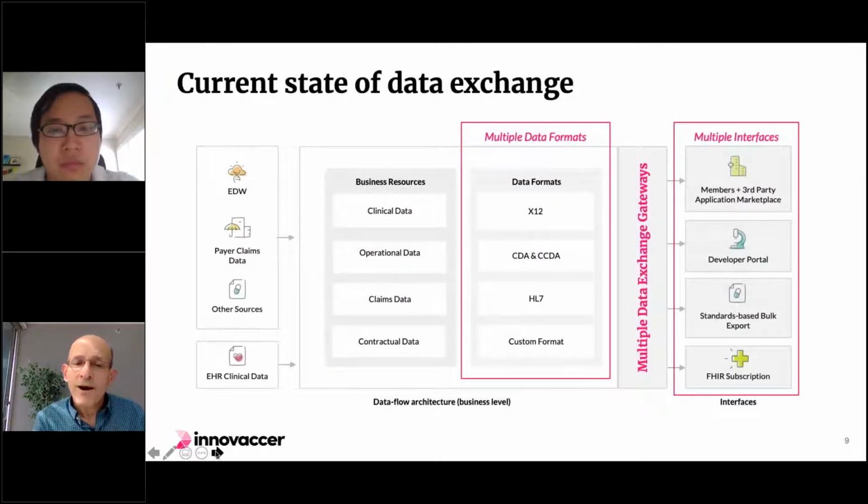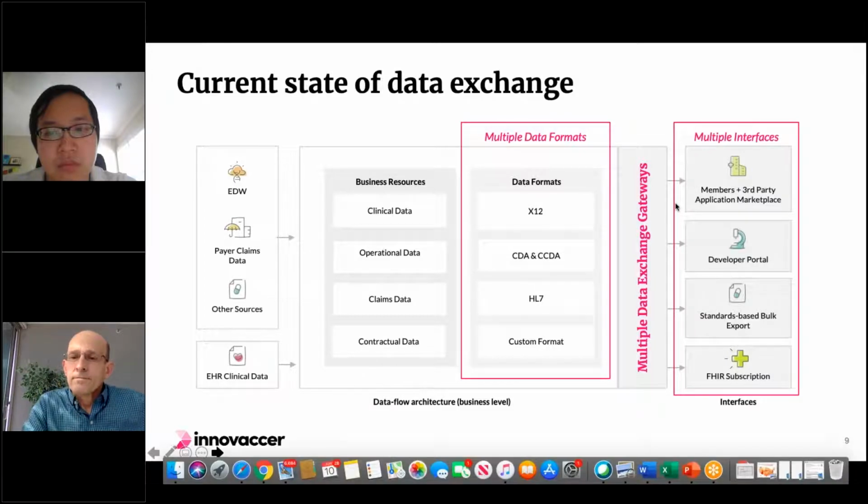Let's start off with where we are today. So I know you got pretty deep into this when you were at Kaiser, but Mike, walk us through what the current state of data exchange is in the payer market. So I think everybody will agree, the amount of APIs being used in the payer market is extremely low.